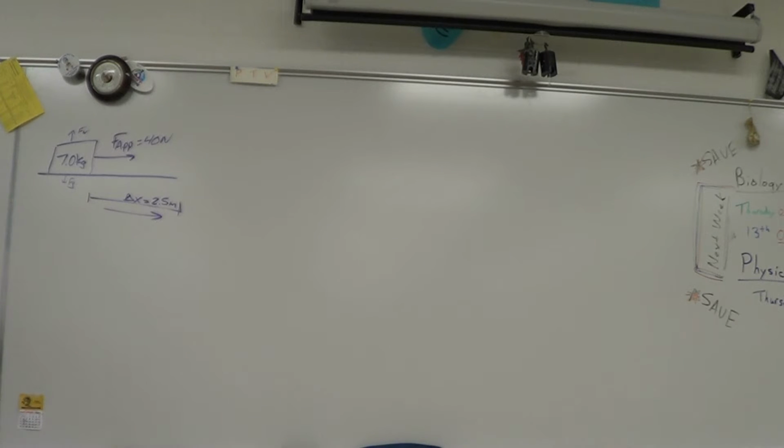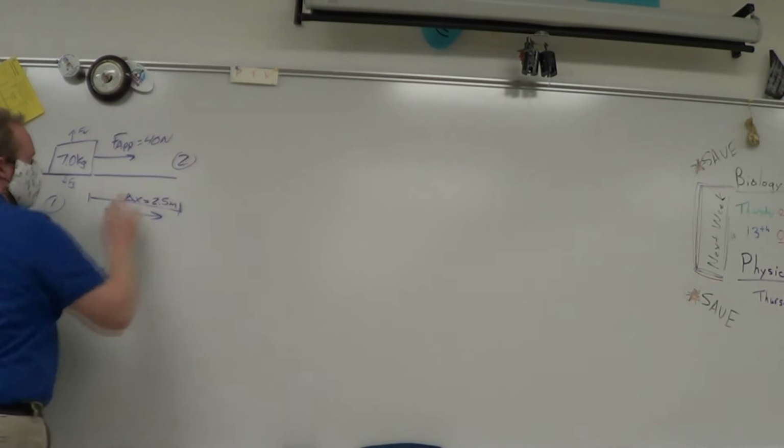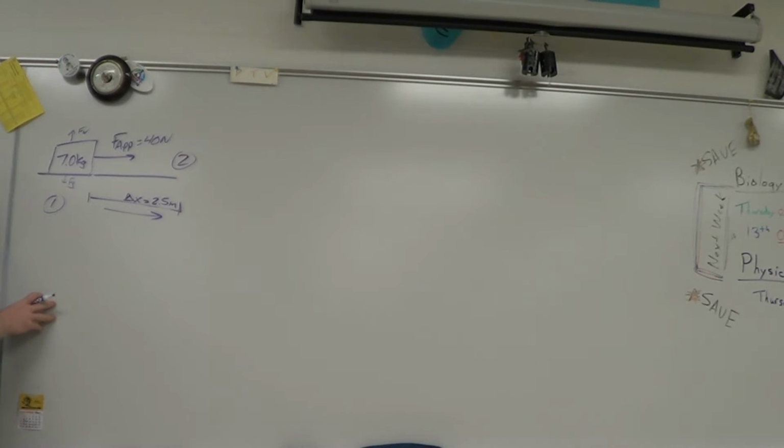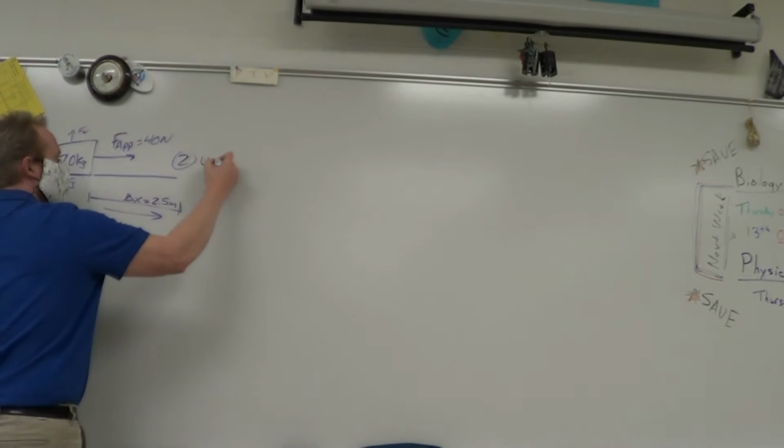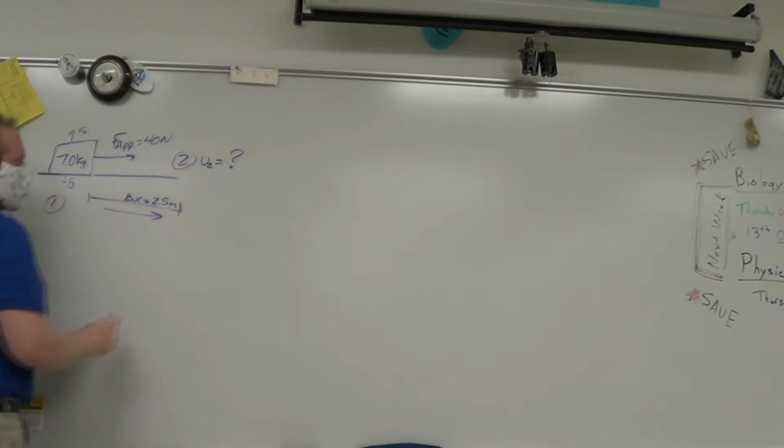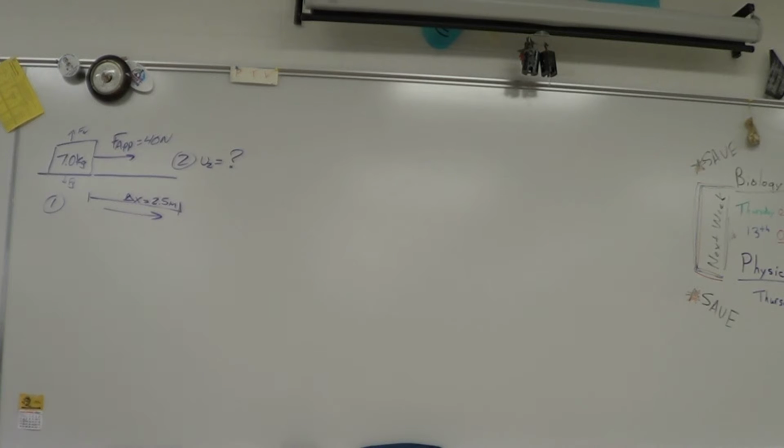So this is a two location problem. It's starting right here, so this is location 1, and it moved 2.5 meters. Over here is location 2. The question being asked is how fast is it moving at location 2? It's a horizontal surface.